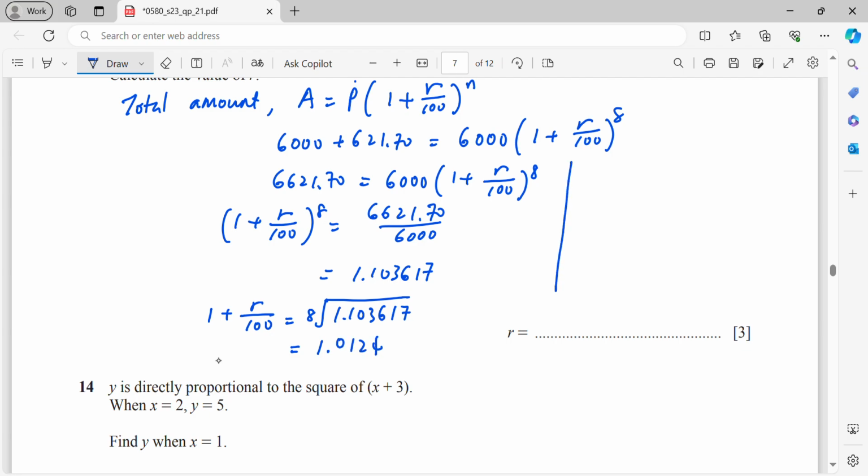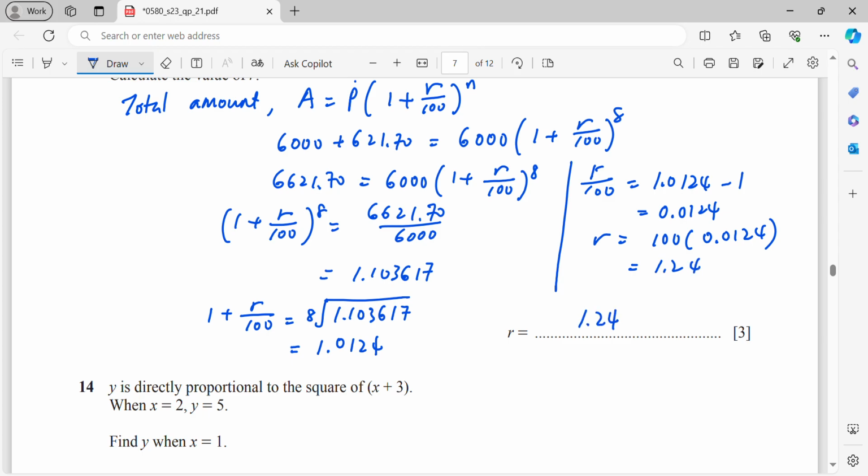And now R over 100 equals 1.0124 minus 1. That is 0.0124. And now my R is going to be multiplied by 100. Then you will be getting 1.24. So that is the solution for R.